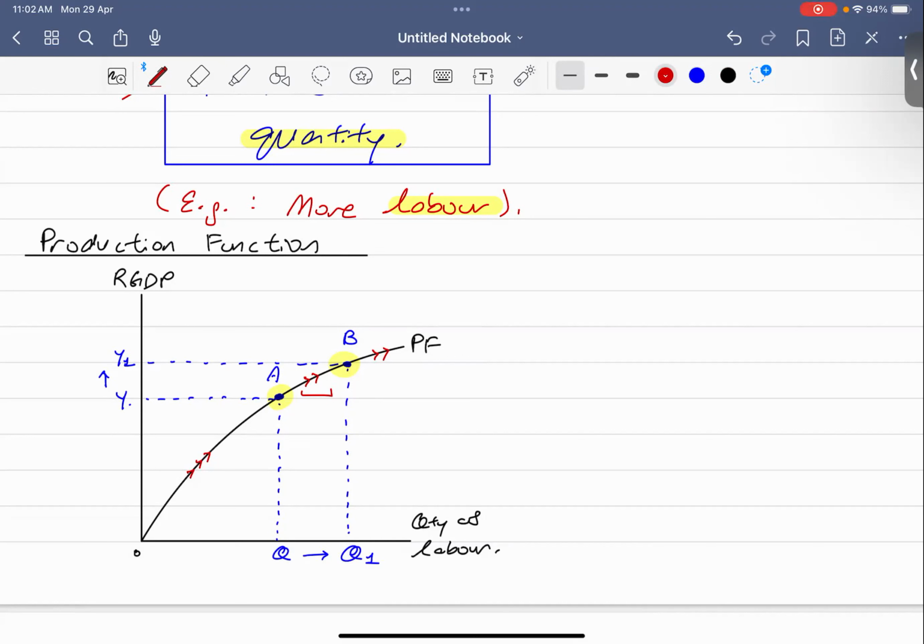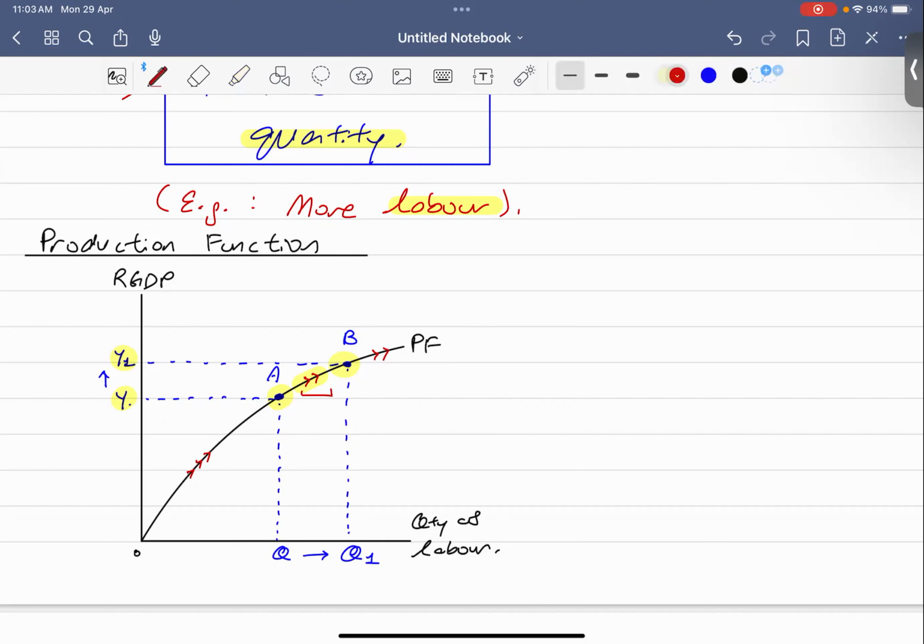Like last time in micro, you learned about the law of diminishing returns. When you keep adding workers to the factory, the factory does not have enough spare capacity, so the workers will get into each other's way when they work. That's the inefficiency that results. Same thing over here. You can always increase the quantity of labor, but there will be inefficiency. So although the real GDP is still increasing, it is increasing at a slower rate.